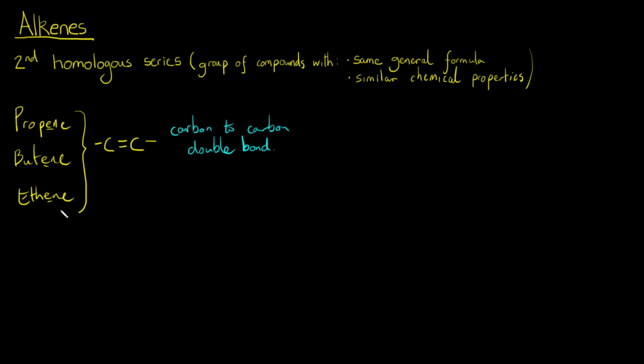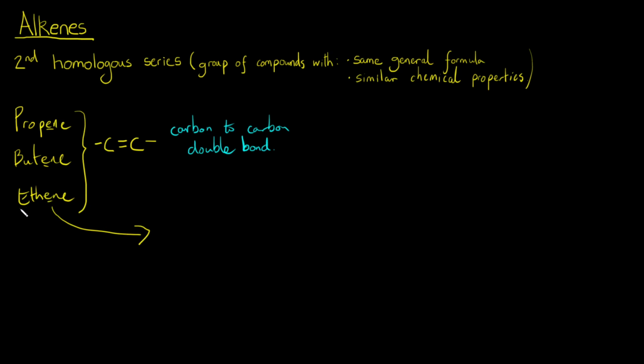So let's have a little look at drawing one of these and seeing what it would look like. Let's take ethene. Let's have a little look at our full structural formula of ethene.